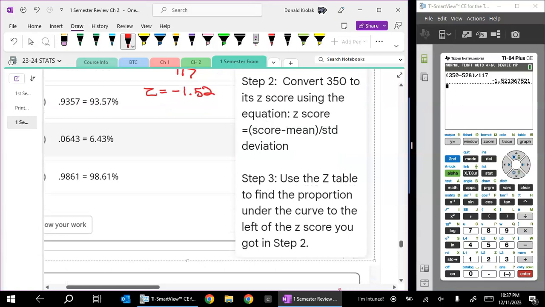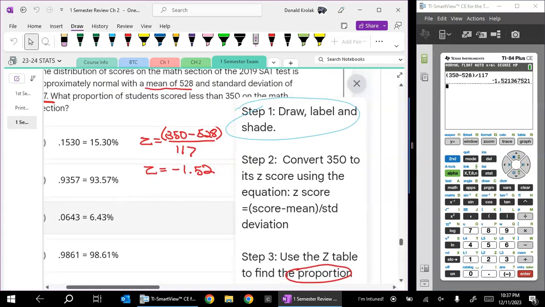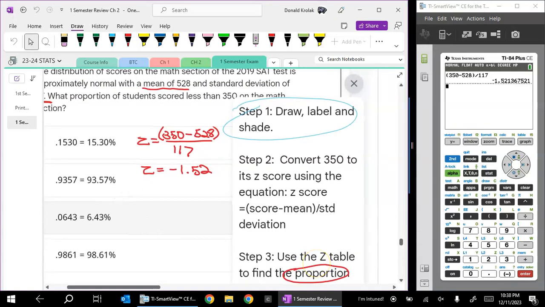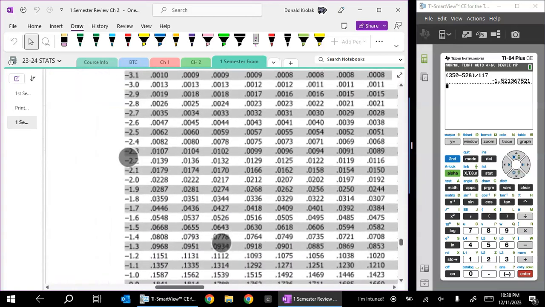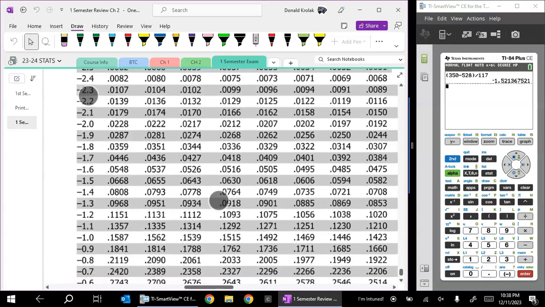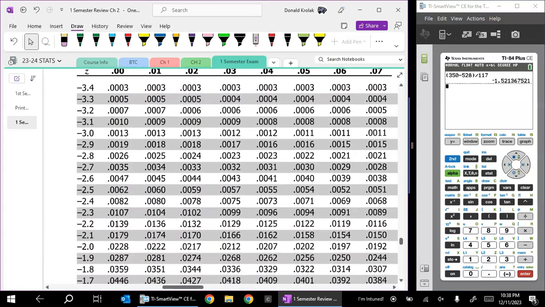All right, now I'm going to take that and go over to my table. I want to get the negative z-score table, and I want to find the number that's in the body of the table, and that's going to give me my proportion. Right? So now we'll go over to negative 1.52. So I'm going to go to negative 1.5 right there, and then I'm going to go over to 0.02.